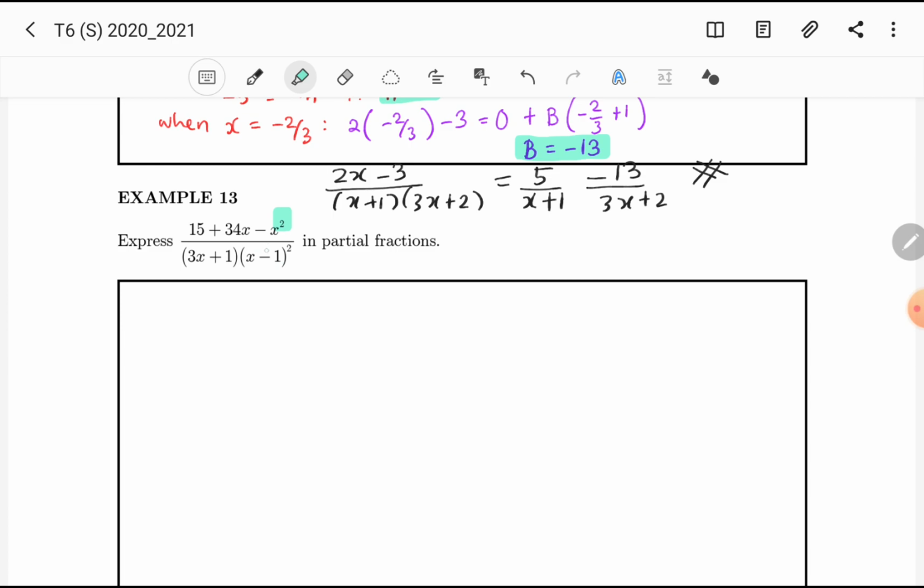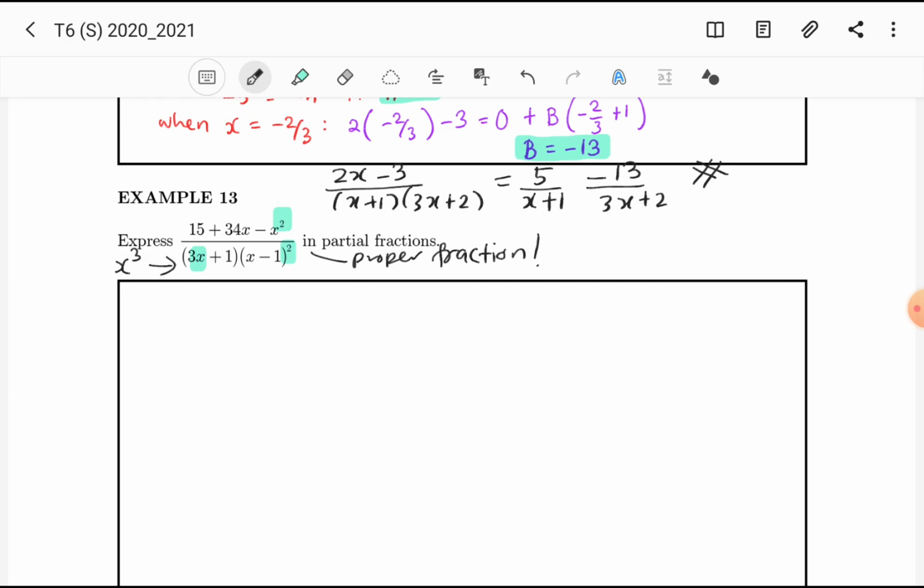Denominator, ini power of 1. Okay, the next factor, power of 2. Maksudnya, denominator ni, power of 3. So, ini dah proper fraction. Dah cantik dah. Nah? Okay. So, kita proceed to partial fraction. Very good.